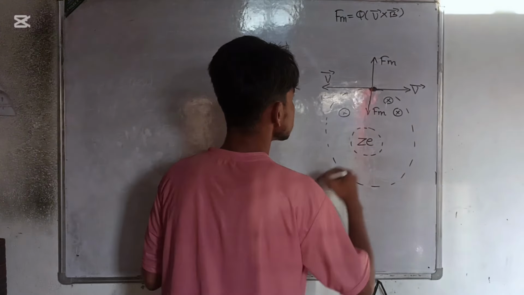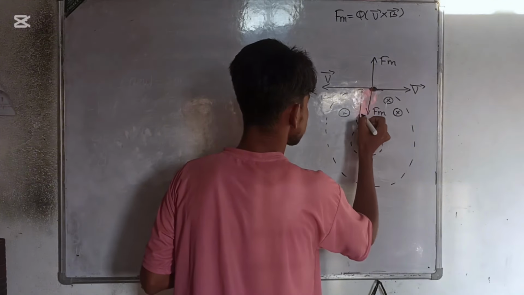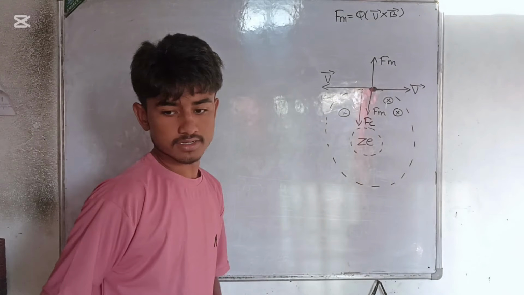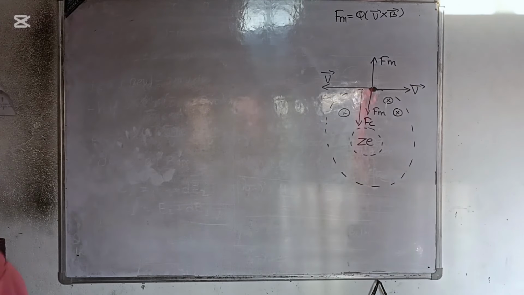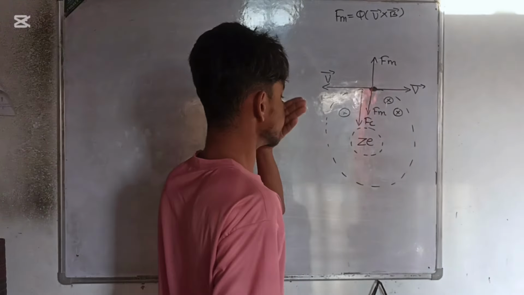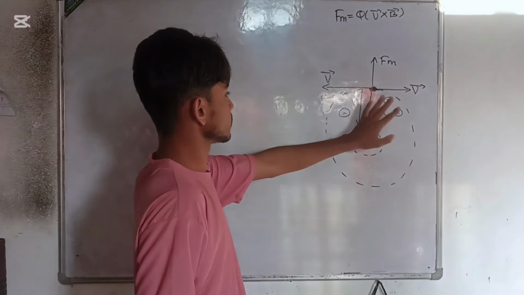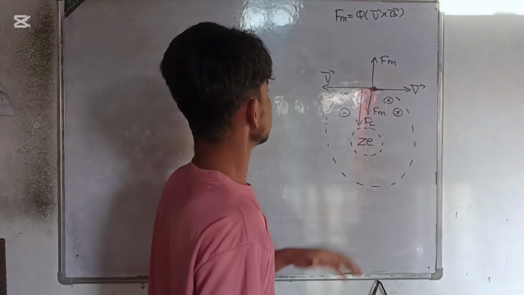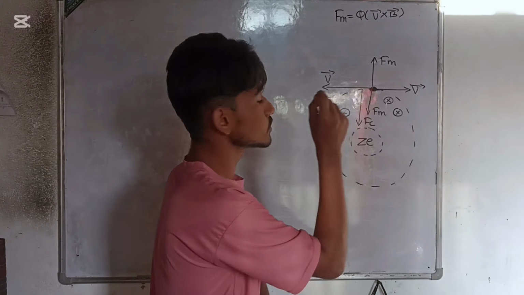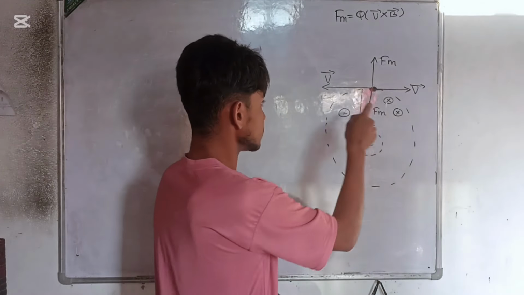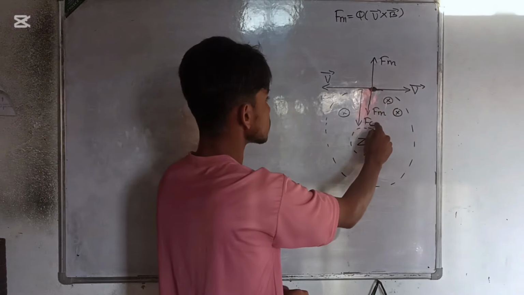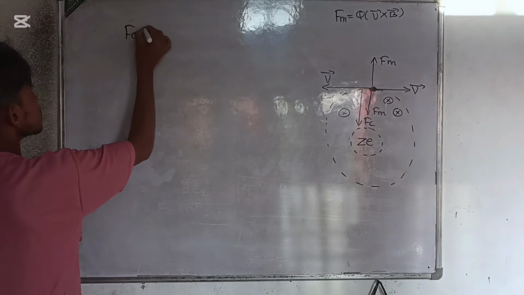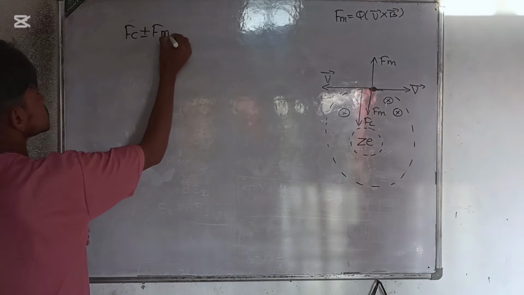So the particle will exhibit circular motion, with the centripetal force acting towards the center, and you already know this is due to the electrostatic force when the field is not applied. And when the field is applied, again it will revolve in a circular motion. So now you can see clearly that the net force on the particle is the centripetal force plus or minus the magnetic force.